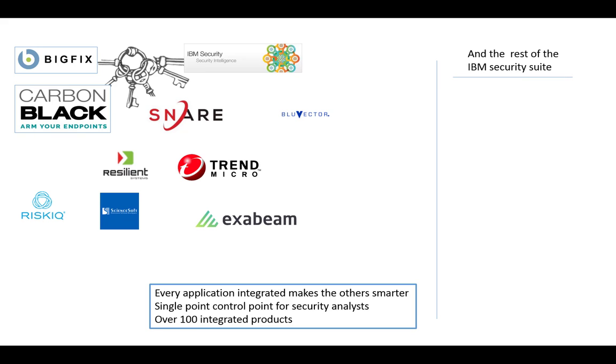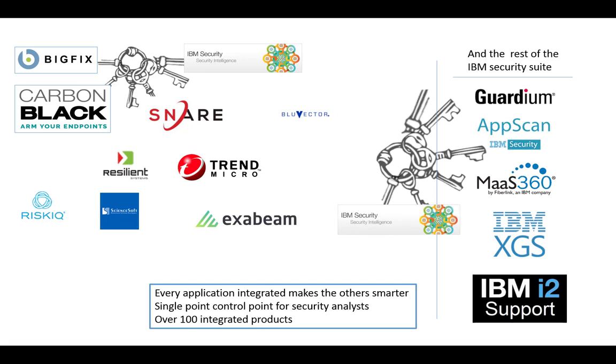And beyond this, I have the whole suite of IBM security products as well, right? XGS and AppScan and Trusteer that have their own integrations, most of which are in the App Store, but some of which are a little more under the covers, so that when you're looking at functions like Guardium, I can block an improper database execution from inside QRadar and report back on it.